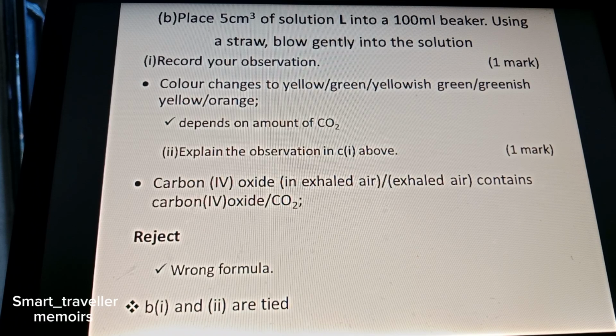So bracket means you can omit that. Or the other one was exhaled air contains carbon 4 oxide. Or you could just have said CO2 and you get the mark. Reject wrong formula. Remember, CO2 starts with a capital letter and O is also a capital letter. B1 and B2 are tied. So you cannot fail B1 and you get B2.